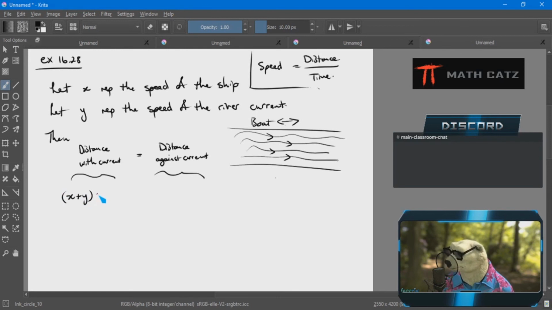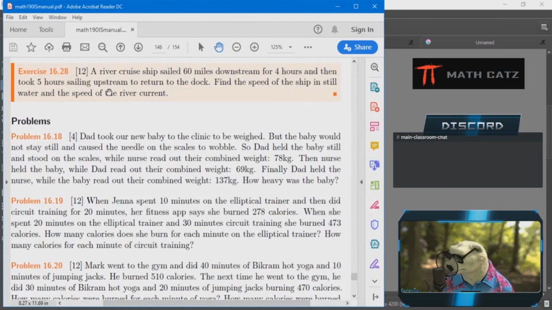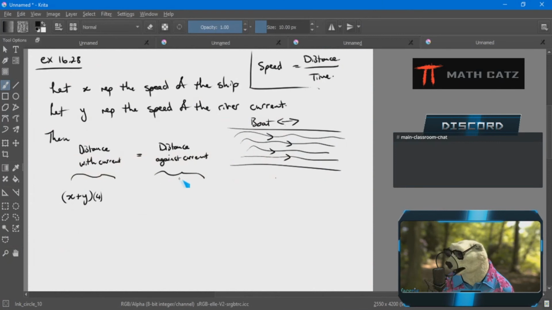Time, 4 hours. Distance against the current, upstream, took 5 hours. Speed, if I'm against the current, is x minus y. And it took me 5 hours, and those are the same.